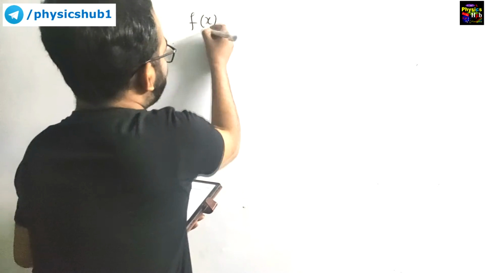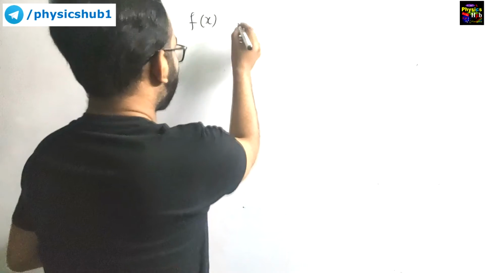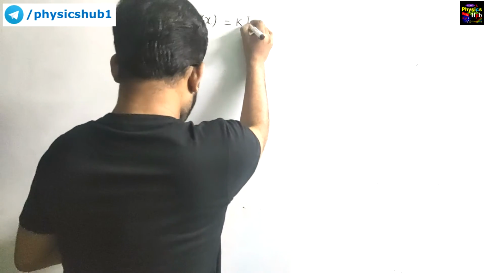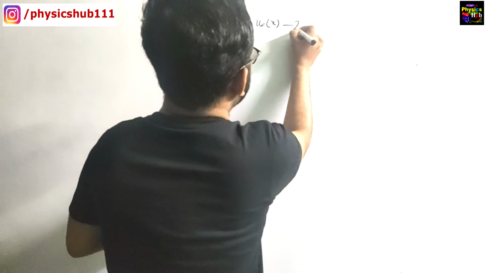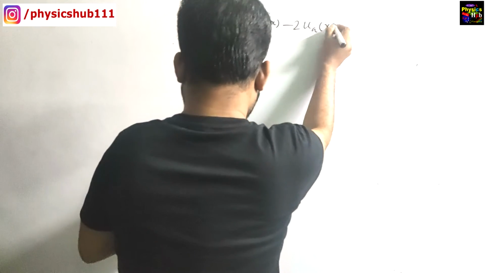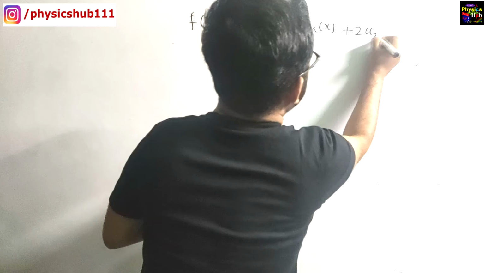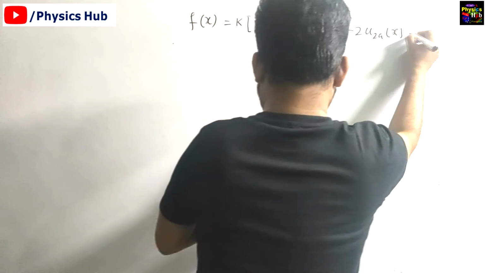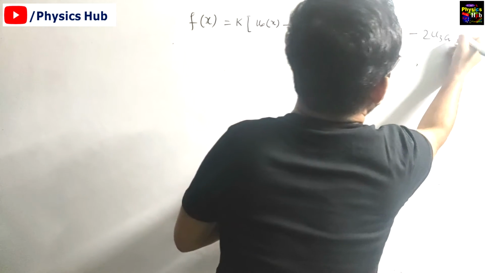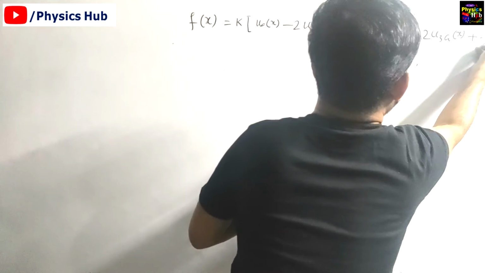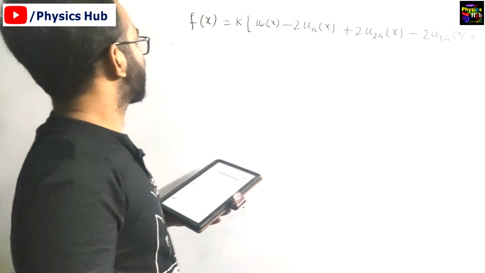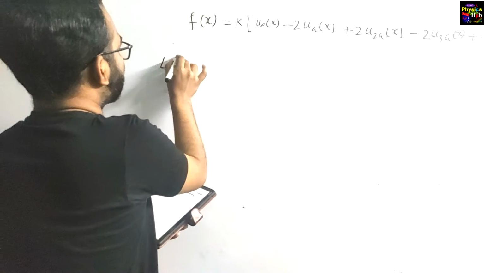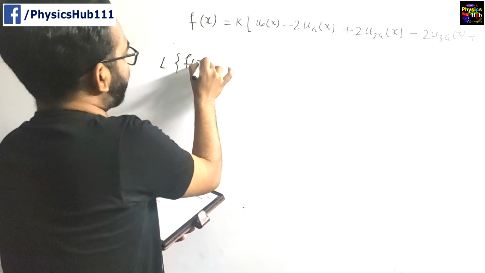F of x, which is a periodic square function, and the form is k into u0 of x minus 2 ua of x plus 2 u2a of x minus 2 u3a of x plus it goes on so on. Calculate the Laplace transform of f of x.